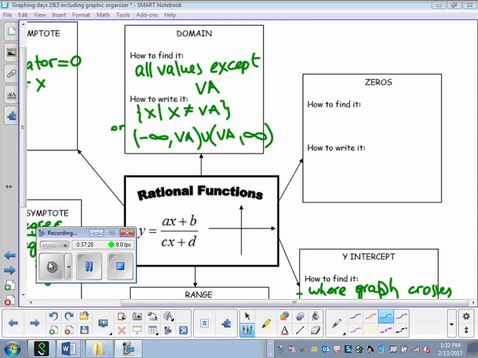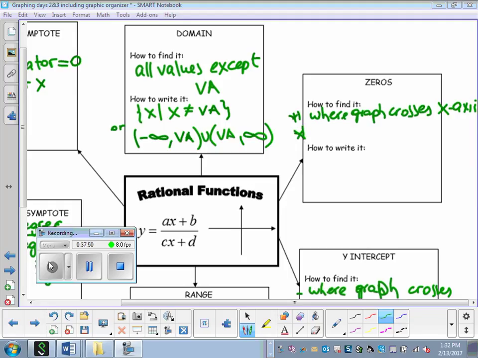Okay, so zeros, again, this is just as before, as we normally do. How do we find zeros? It's where my graph crosses what axis? X. Where the graph crosses the x-axis, right?